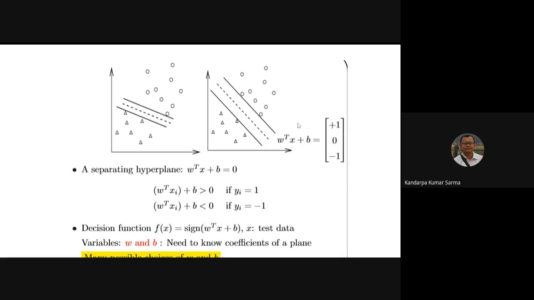So we find here, in the first case, in the left figure, we have laid a decision plane. The dotted line shall be the decision plane. Then from the dotted line, there are two more solid lines. One solid line for the triangles, and one solid line for the circles, and they are forming a maximally separable region through which we can have a highly reliable classification performance generated.